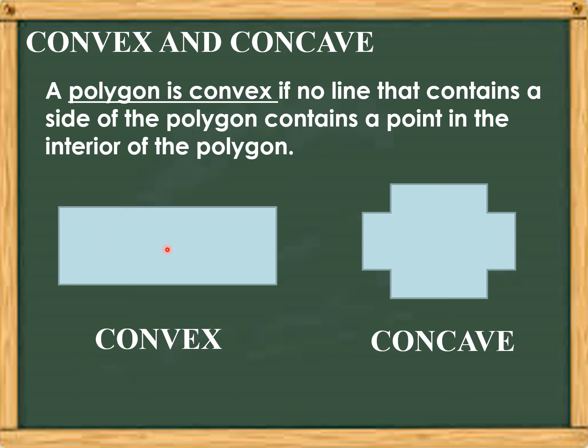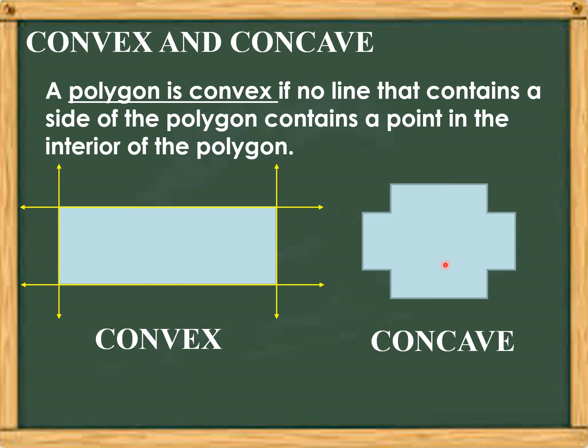So, for example, this polygon. I'm going to draw a line for each side of this figure. Yan. Nagdodraw na ako ng line. As you can see, nung nag-drawing ako dito ng line, walang tumama sa interior part ng ating polygon. So, kapag walang tumama, it means convex siya.